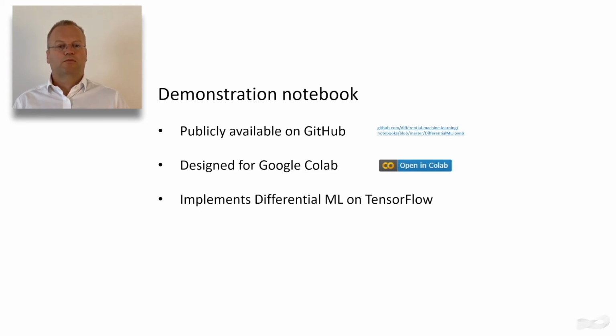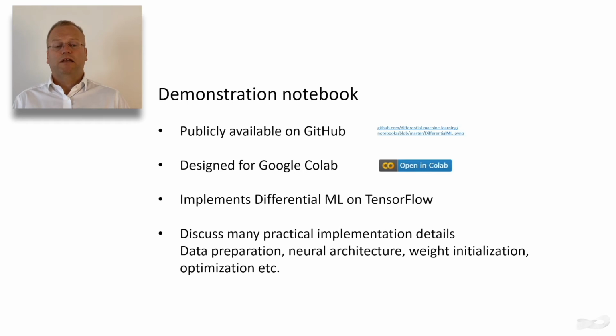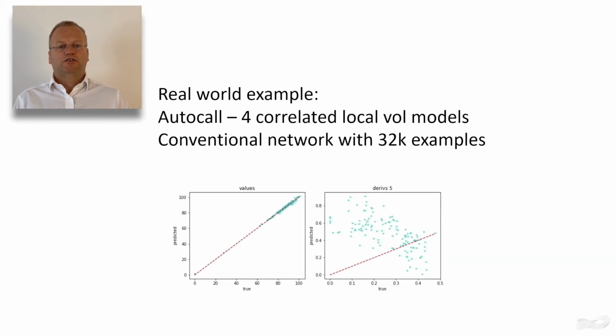The notebook implements conventional and differential machine learning on TensorFlow and discusses many practical implementation details, including data preparation, network architecture, weight initialization, optimization, and more. The machinery is general in terms of transaction and model, and seamlessly carries over to real-world situations.